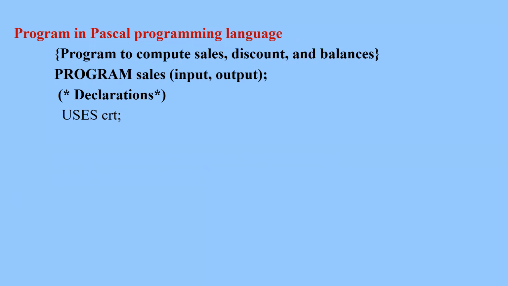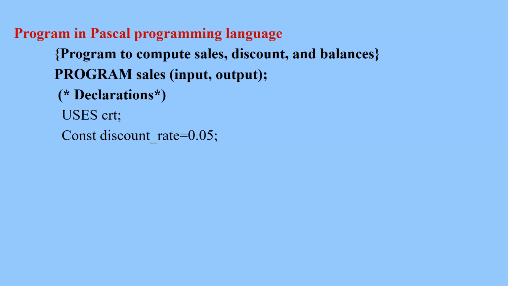This is a function that explains how to handle the screen, for example, how to clear the screen. So uses CRT has statements that allow us to, for example, clear the screen.